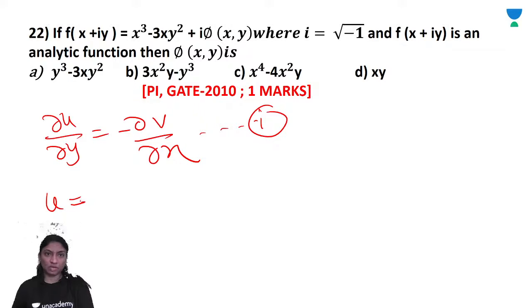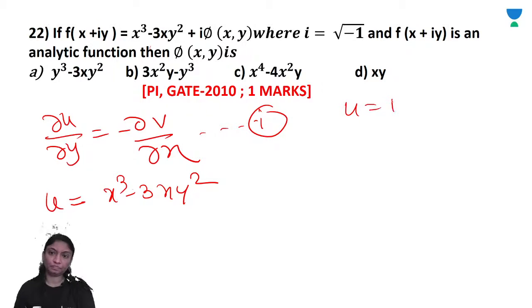So u is given as x cube minus 3xy square, and f of z is equal to u plus iv.